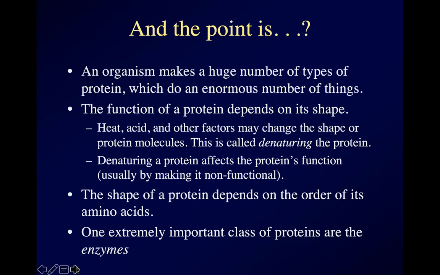And when we do that, that's called denaturing the protein. If you want a really simple example, fry an egg sometime. Egg white is made up mostly of a protein called albumin. And when it comes out of the egg, it is liquid and gooey and transparent.